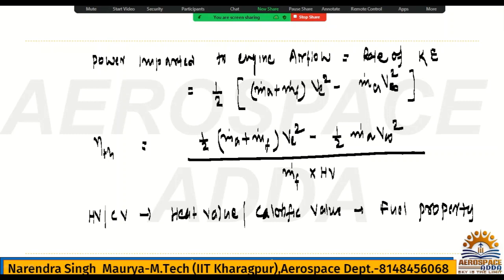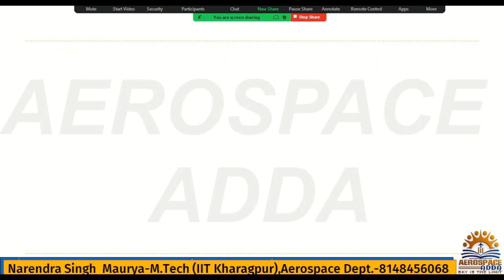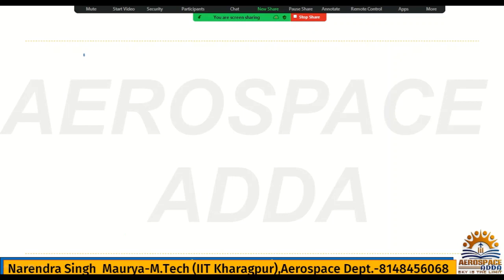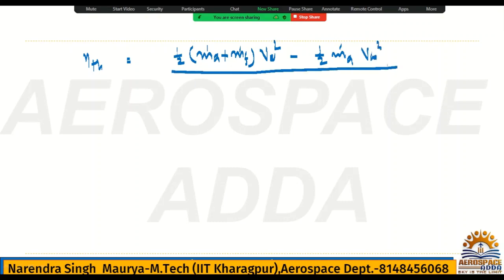Now in this thermal efficiency, if you concentrate here, it's a very simple one. What is the thermal efficiency you have written? It is 1 by 2 (m dot a plus m dot f), which is the rate of kinetic energy at the exit, minus the rate of kinetic energy at the inlet, divided by m dot f into heat value HV.